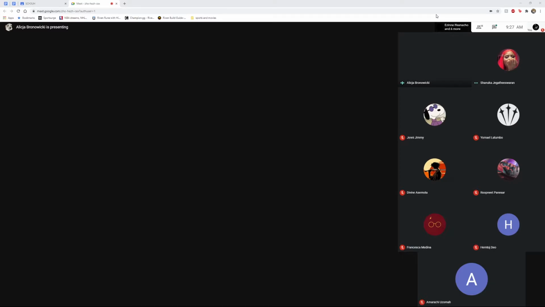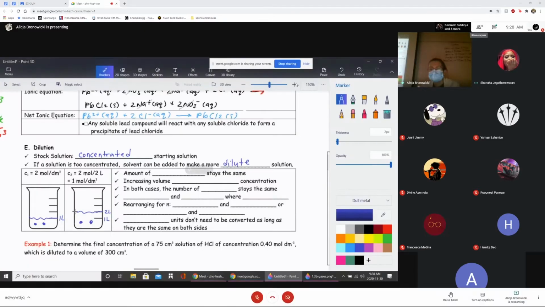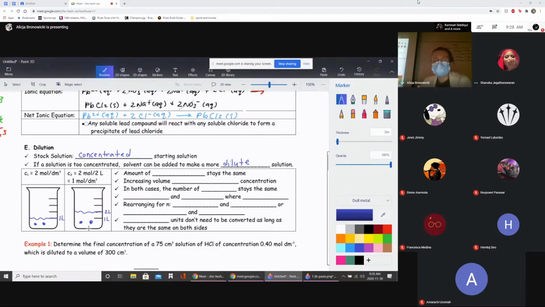So I've added a liter of solvent, but I still only have 2 moles of solute. So here my concentration is 2 moles per liter, and here my concentration is 1 mole per liter. So adding solvent decreases the concentration, but your amount of moles stays the same.